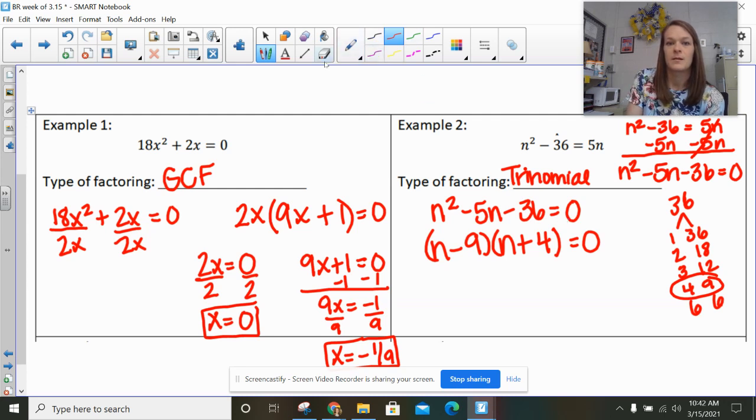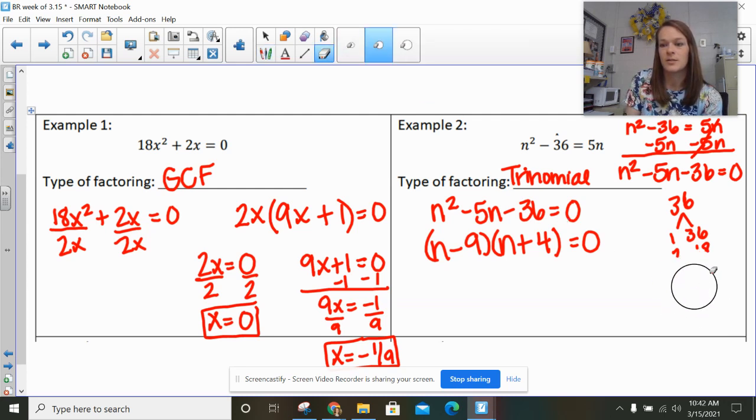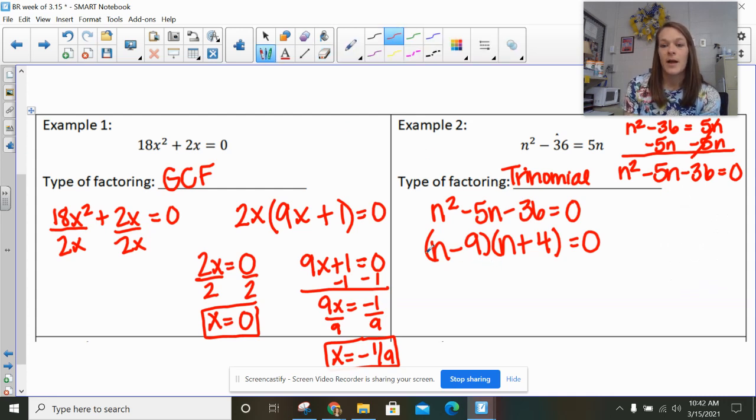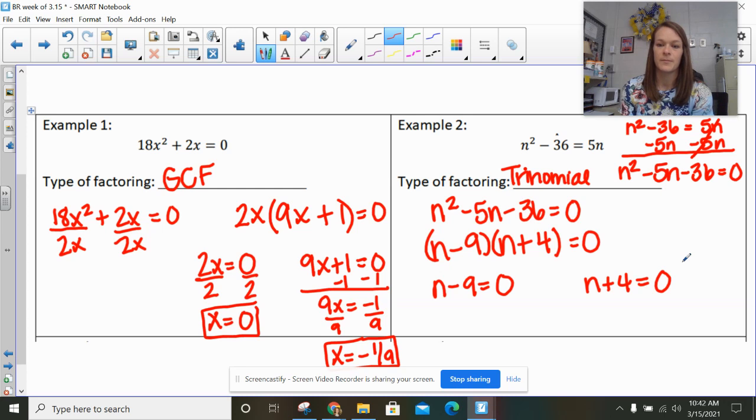All right, so I'm going to erase this just so I have more room. Now that it's factored, I'm going to finish solving it. So I take each parentheses and set them equal to 0. So n minus 9 equals 0, and n plus 4 equals 0.